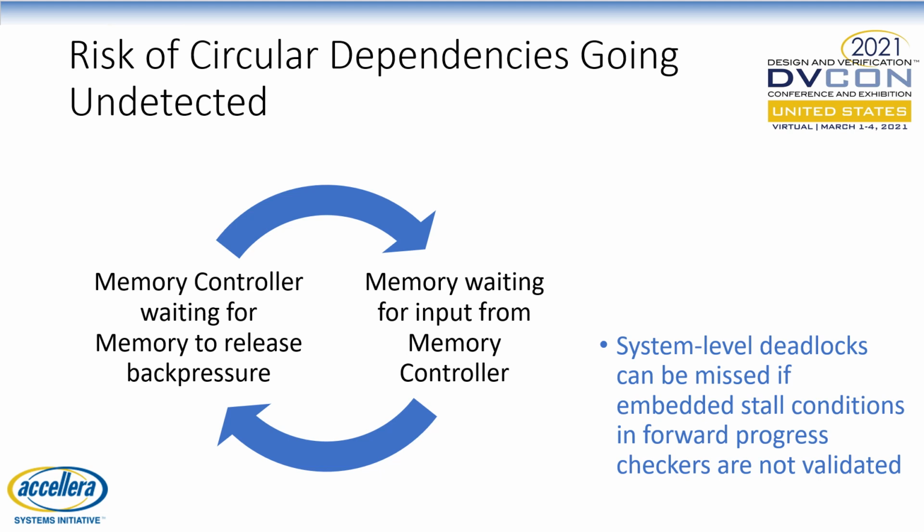This leads to the potential risk of incompleteness and circularity in proof decomposition. Unless something else is done, system level forward progress bugs can be missed. What to do about this is the subject of the rest of this talk.